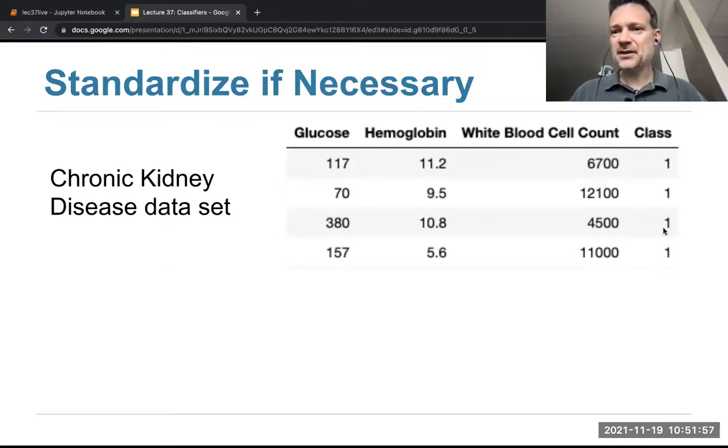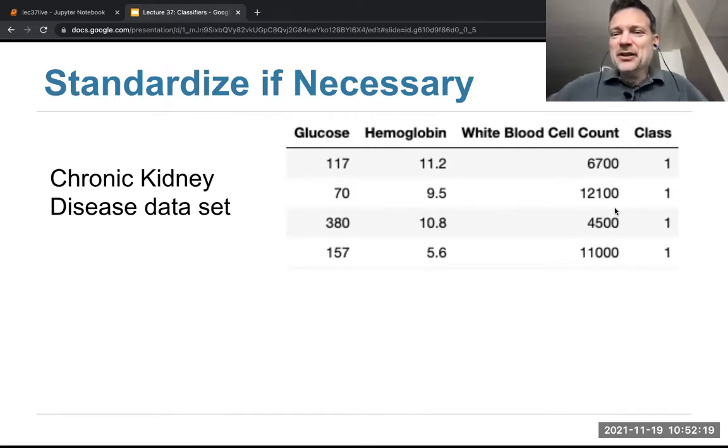Take a look at these attributes. You can see the glucose ranges, maybe a few hundred. The hemoglobin ranges typically are around 5 to 12 or something like that. And the white blood cell count numbers vary from 1,000 to 10,000.